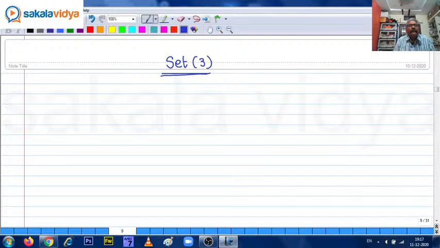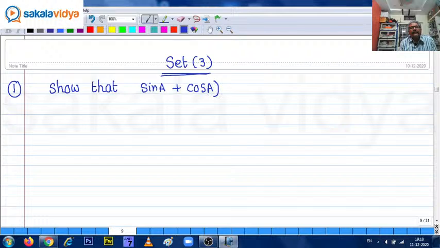Fine. So first question. Show that sin A plus cos A whole square plus sin A minus cos A whole square equals to 2.